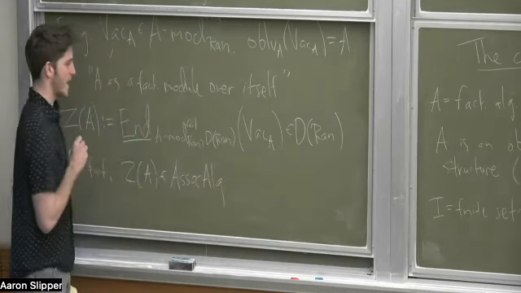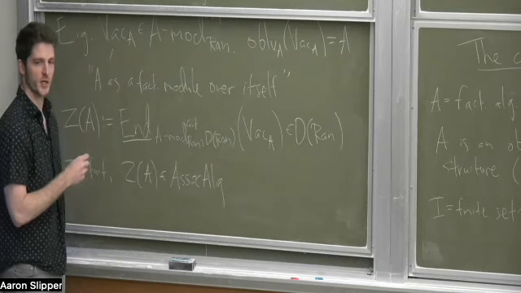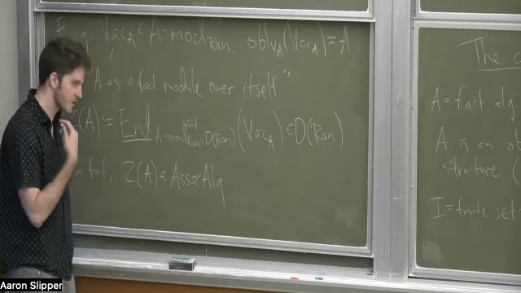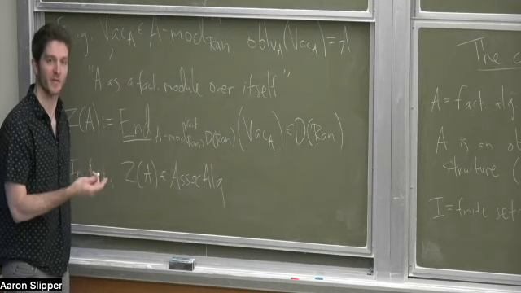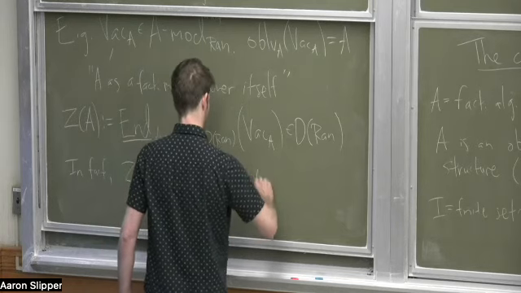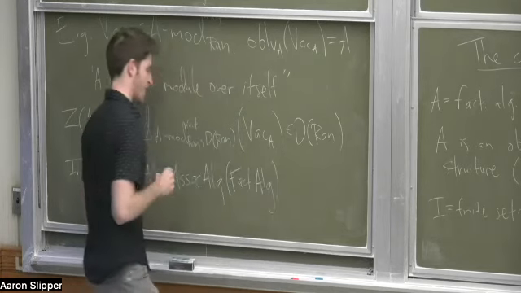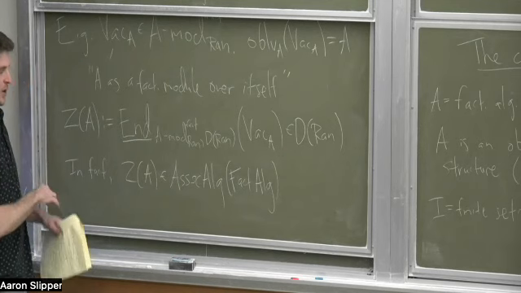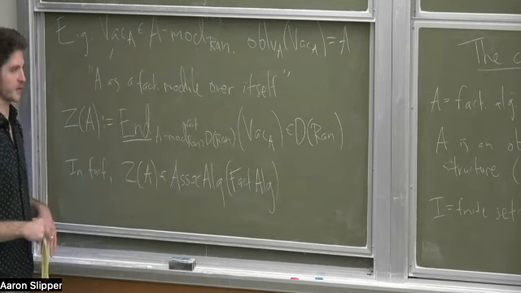Also, it has a factorization algebra structure in its own right. It comes from the factorization structure on the vacuum, which is just the factorization structure on A, really. So this thing is actually an associative algebra and a factorization algebra compatibly.